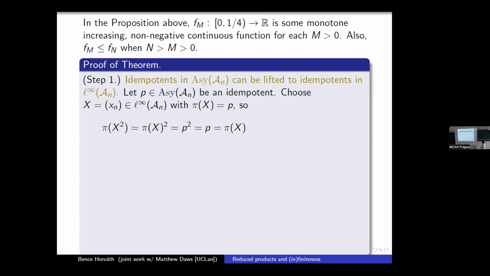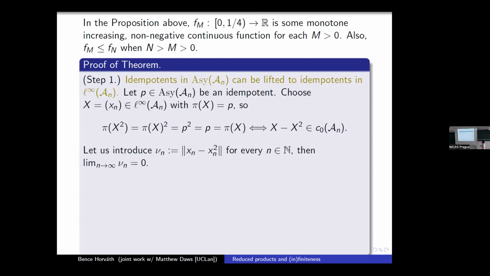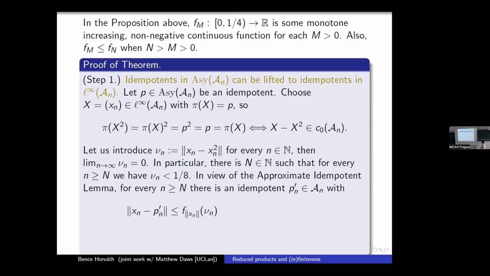Because this is an idempotent, we have the property that pi of x squared is pi of x, which is the same as saying that x minus x squared belongs to the C0 sum of the A_n's. Now let me put mu_n to denote the norms of these guys. Because of this property, we know that this sequence goes to 0. In particular, they are all smaller than 1/8 from a certain index.